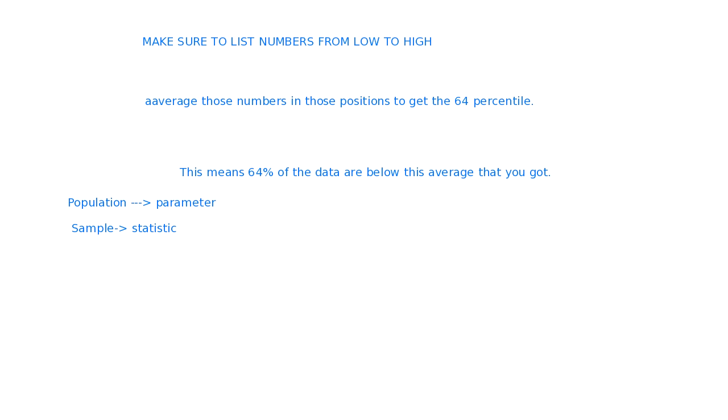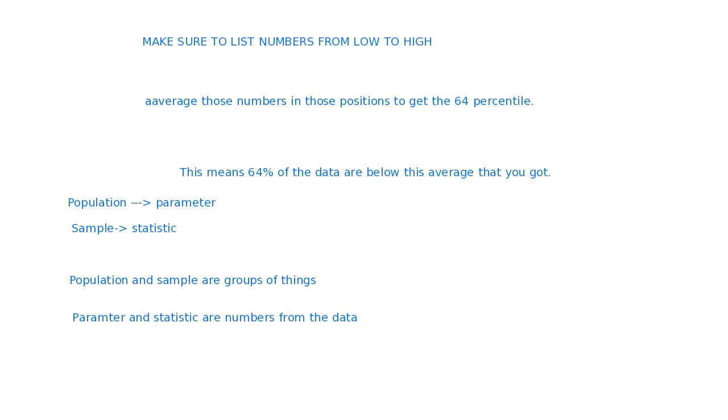Another thing is that population and sample are like groups of things, and parameter and statistic are usually numbers of what you're studying. So that's how I like to remember that.